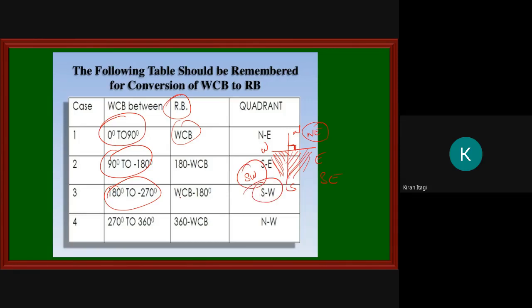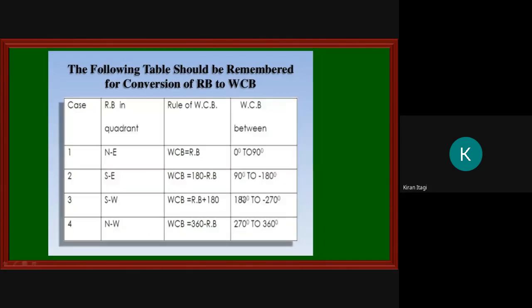And 270 to 360 means this one, the northwest direction. These are simple mathematics.